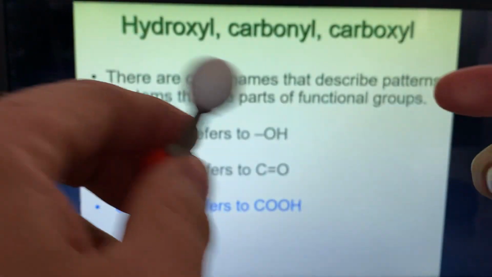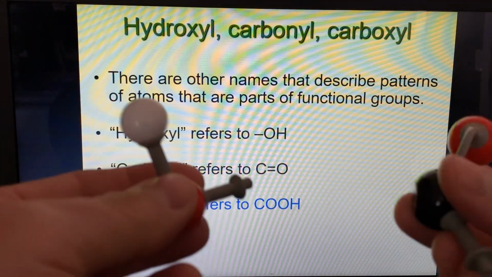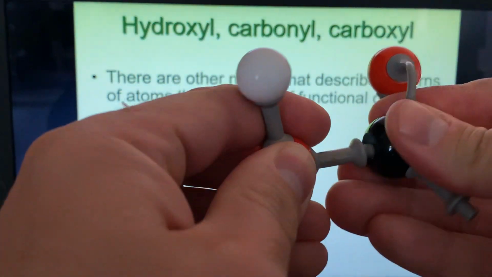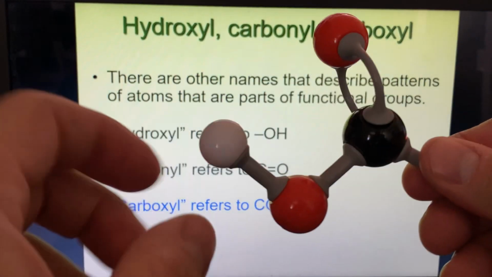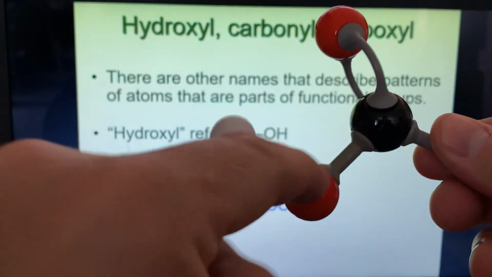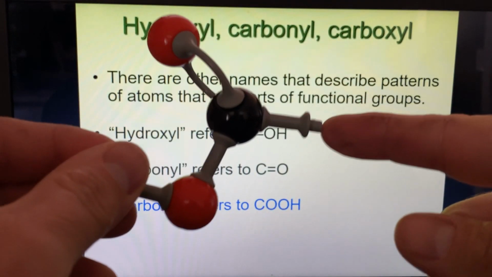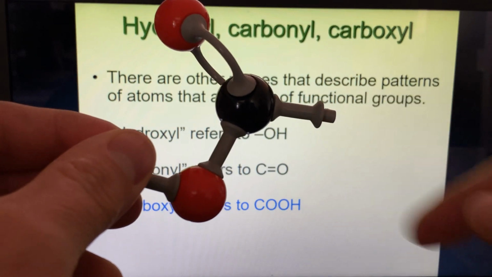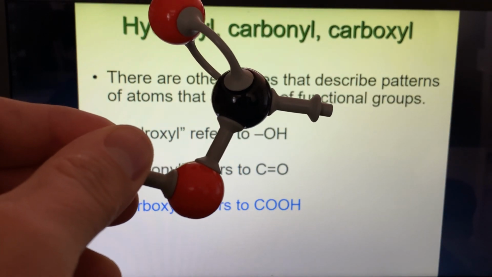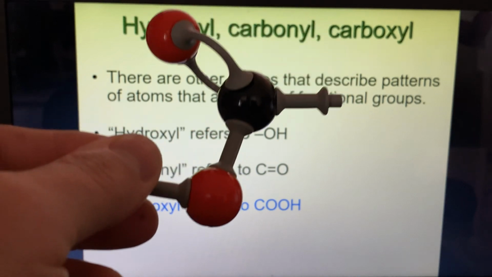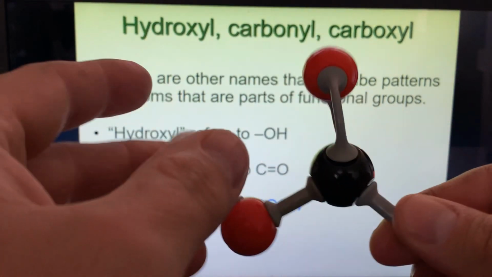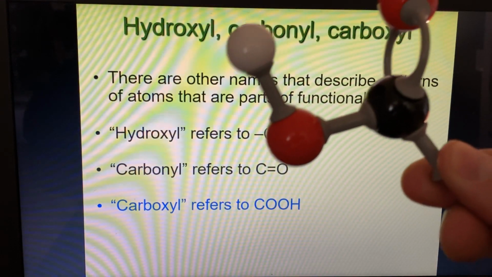Now to make a carboxyl group, these two things come together. And there's your carboxyl group, the C double bonded O and an OH. And then over here is a spot where it can bond to something else. For us, it's going to bond to a hydrocarbon, some version of a hydrocarbon, but there's other things it can do. So there is the carboxyl group.